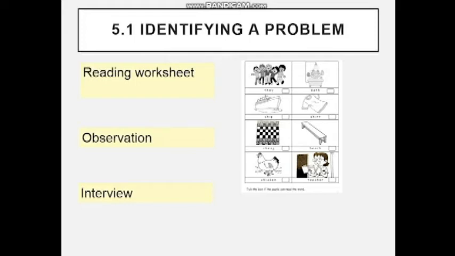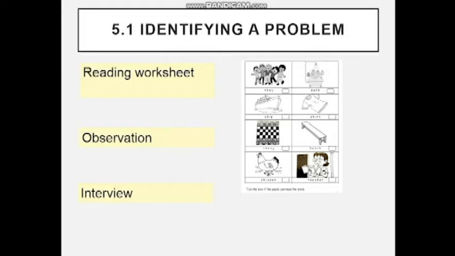Next, the third method that we use is interview. With this method, we can get necessary information on the teaching method and the rationale behind the selection of the teaching methods.